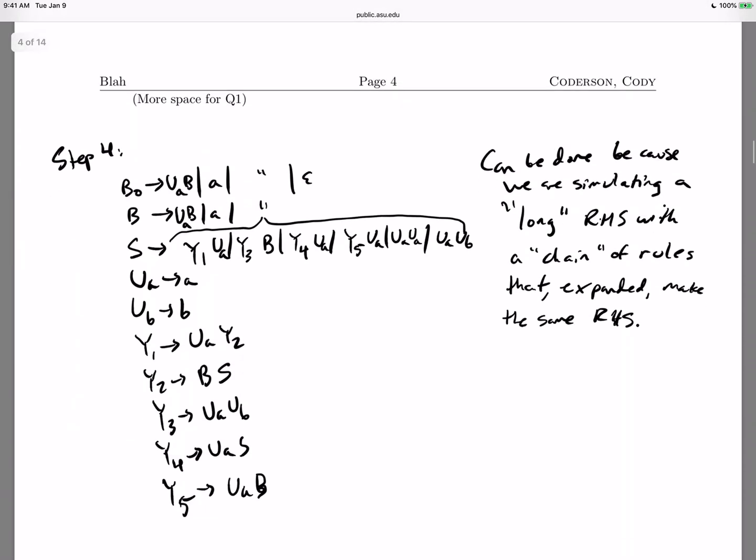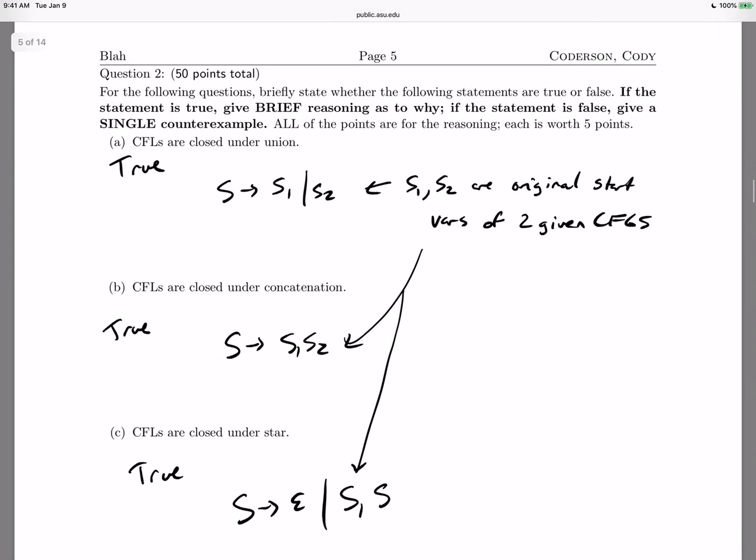Okay, so let's do Q2. Q2 was basically just an application of the regular language closure properties, just translated over to context-free, to figure out whether or not they still hold.